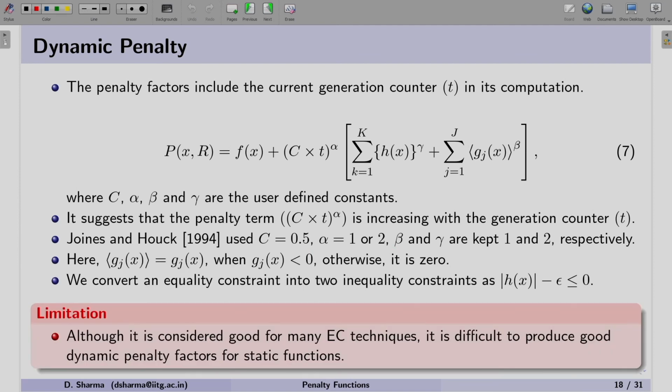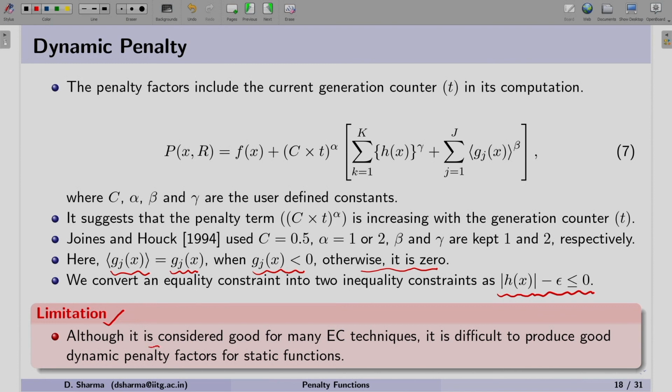And as we already discussed, the bracket operator keeps the Gj of x value the same when it is smaller than 0, otherwise it is 0, and an equality constraint can be converted into an inequality constraint with this representation. What is the limitation of dynamic penalty here?